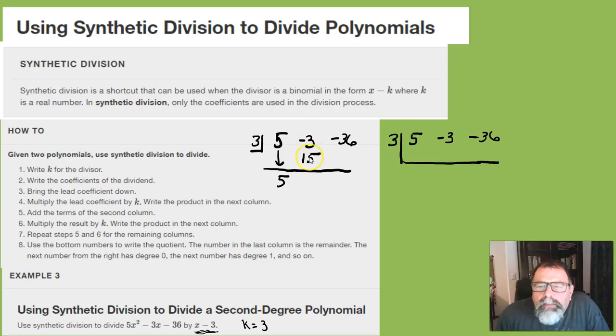So negative 3 plus 15 is 12. And then you keep going, 3 times 12. So you always multiply by the divisor on the bottom row and then write the result in the next column. Okay, so 3 times 12 is 36. Add down the column, so you're always adding down the columns. Negative 36 plus 36 is 0.